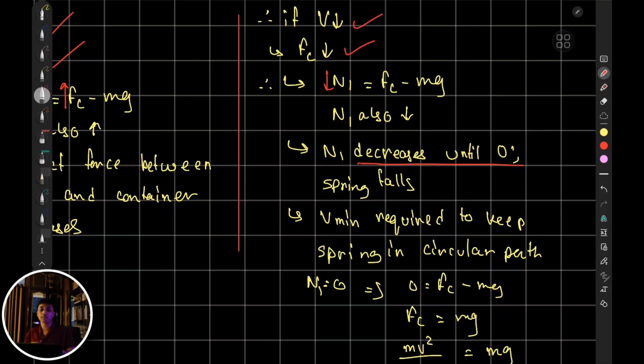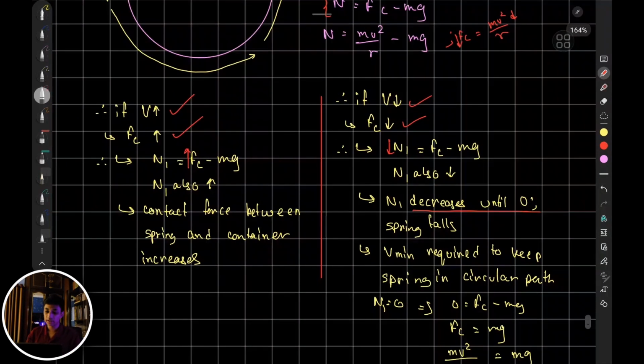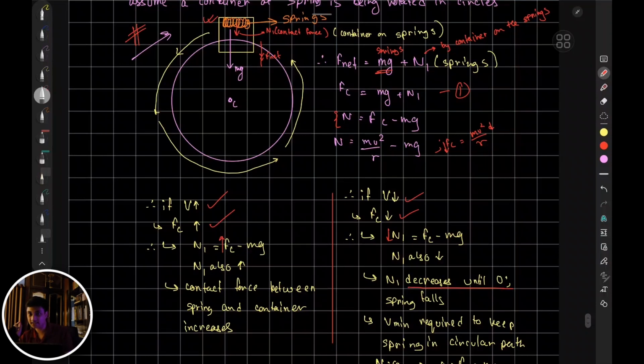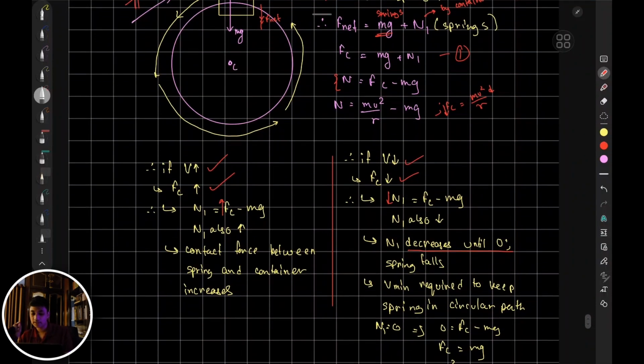However, this is a trick part. We are saying at the topmost position, only at the topmost position, instantaneously, the value of contact force is going to be 0. Mind you, it's going to happen instantaneously. In this example, you can see the water is no longer in contact, and this is not instantaneous.